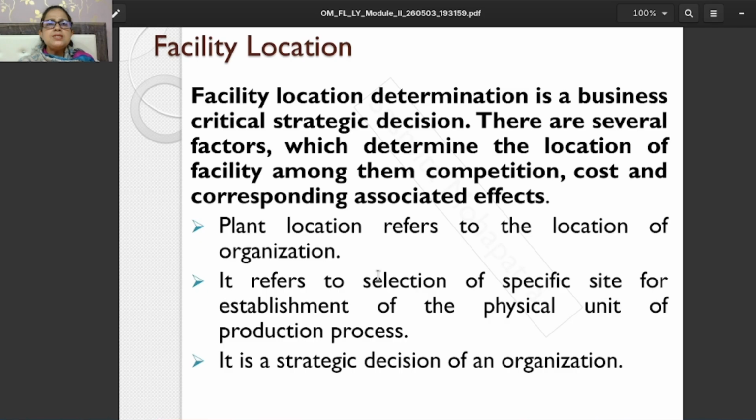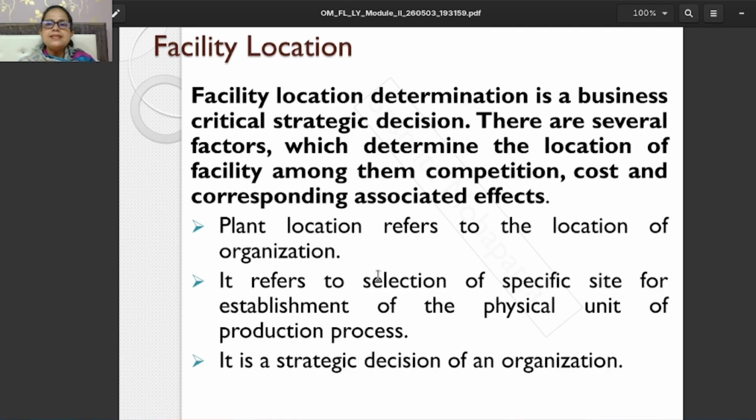So location is always a strategic decision. That is a long-term decision. When we are investing in land and establishing the plant, it is a long-term or strategic decision, because we are planning for 10 years, 20 years, beyond 20 years. For that, we have to consider different factors.